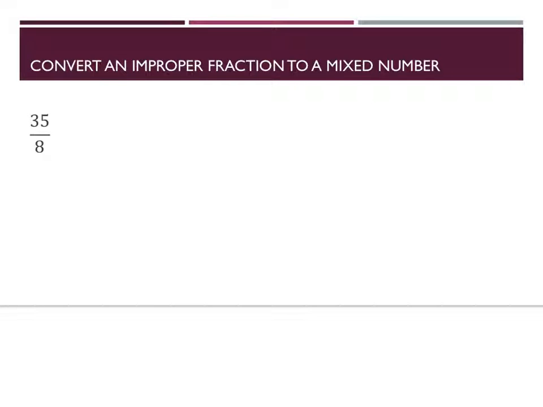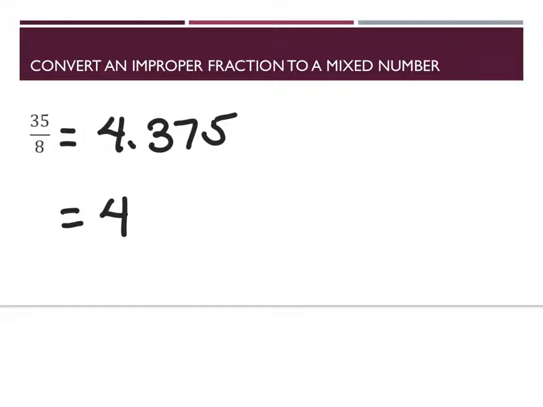Now if I do this just using my calculator, because I'm tired, 35 divided by 8 on your calculator gives me 4.375. Now you don't have to write that down. I'm writing this down for your notes. The part that I know is the whole number part of my answer is going to be 4.